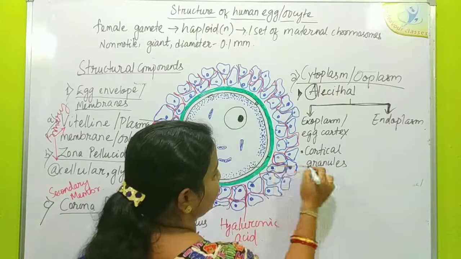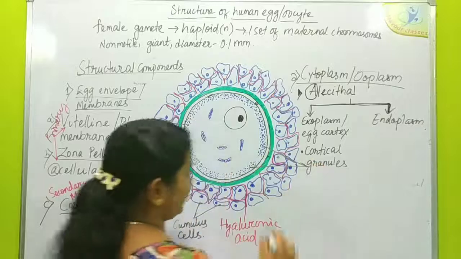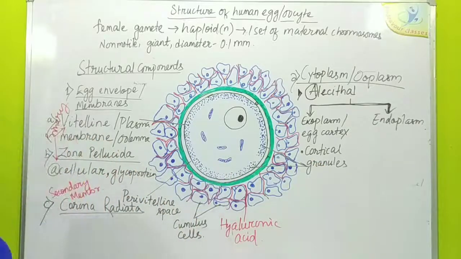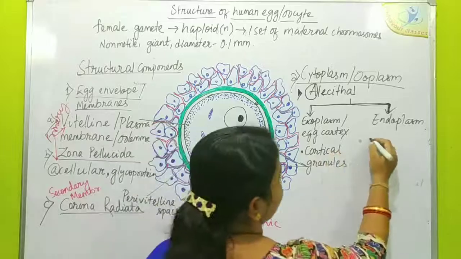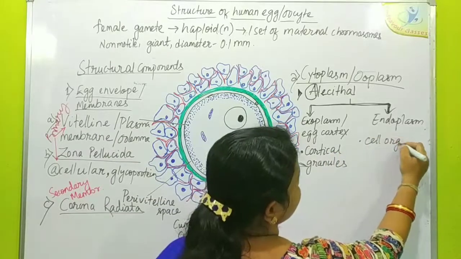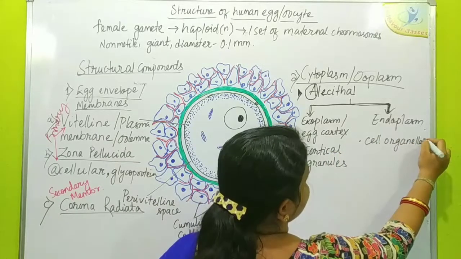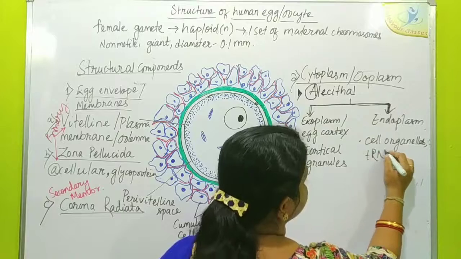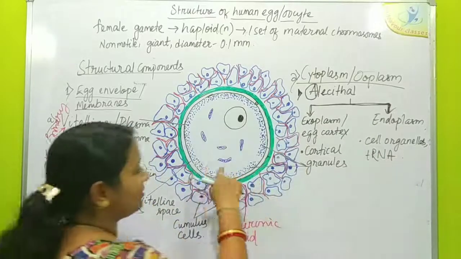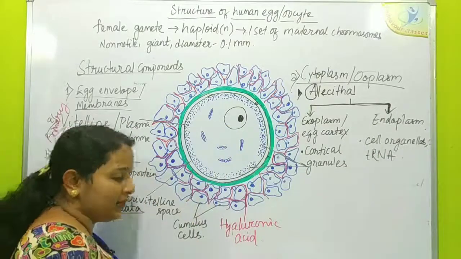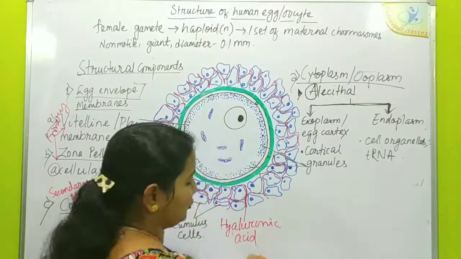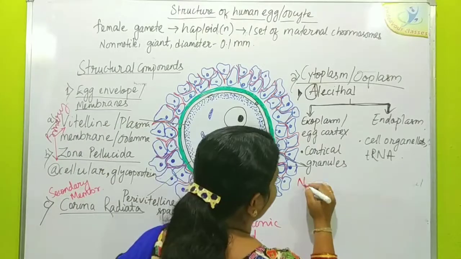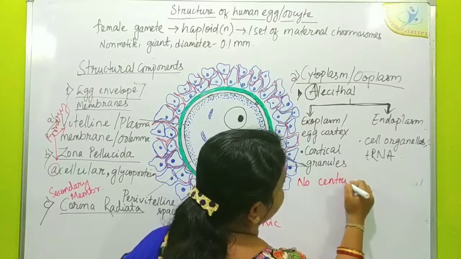These are present in the cortical region, or in the exoplasm. The endoplasm contains the cell organelles, tRNA. You can see here the mitochondria is scattered, and the ovum is devoid of centrioles. Remember, there is no centriole in the ovum.